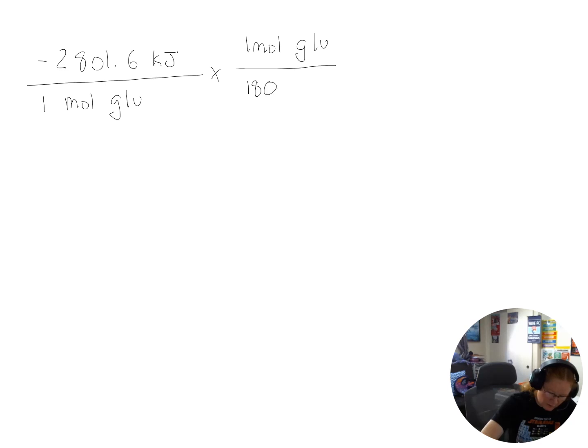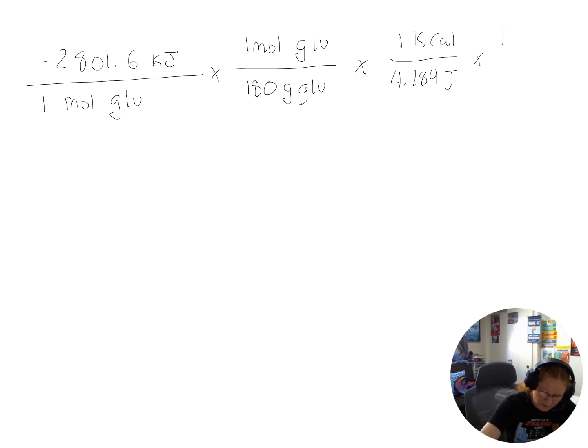So I had negative 2,801.6 kilojoules. There was a 1 in front of the glucose, so that's for every 1 mole of glucose, and then 1 mole of glucose for 180 grams. Okay, so there's my grams on the bottom, and then 1 kilocalorie for every 4.184 kilojoules.